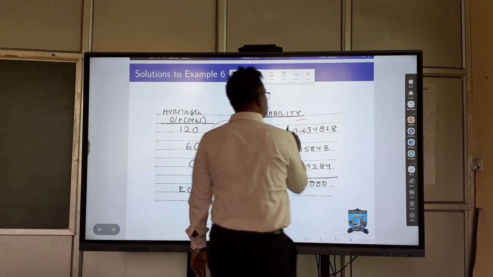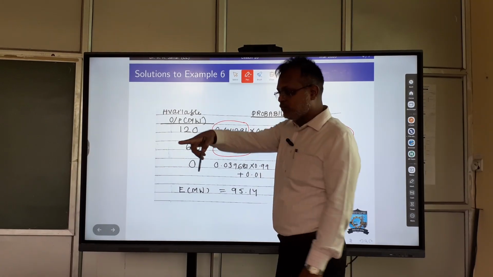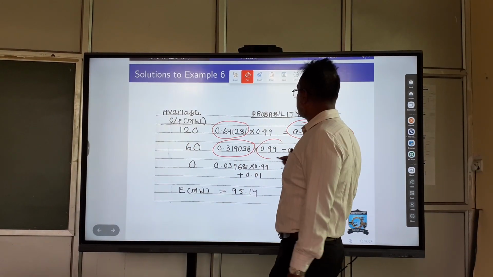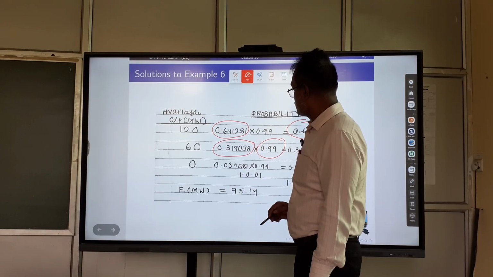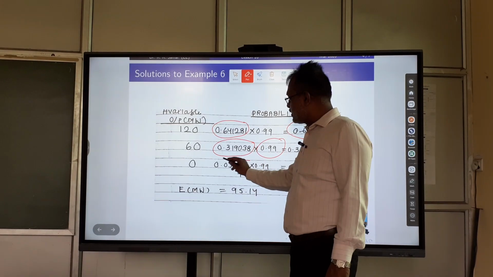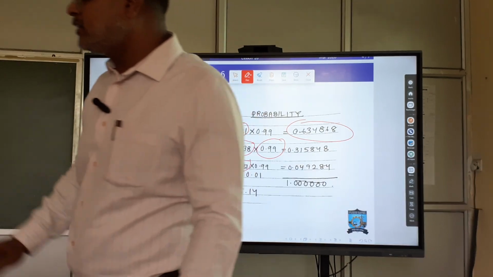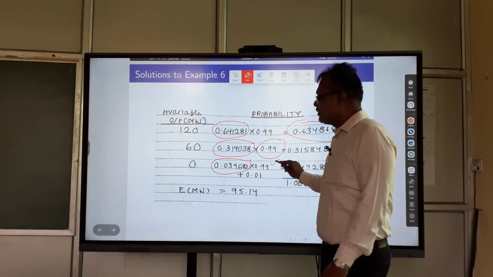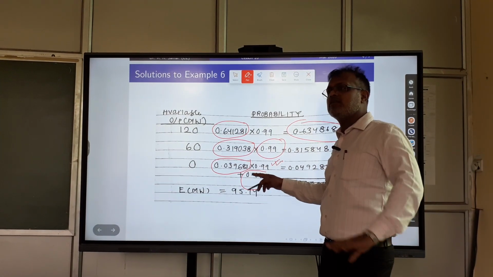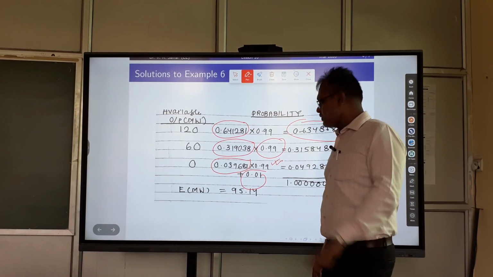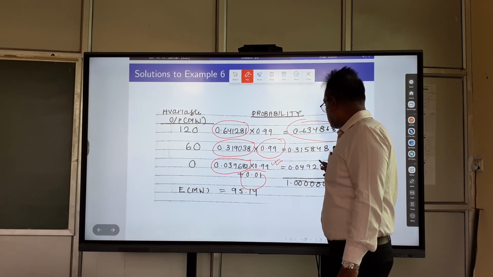This is the 60 megawatt case. Then for zero: either both generators are not available, which is 0.03968, multiplied by transformer availability, or the transformer is available, it doesn't matter whether generators are available or not, the transformer is not available.